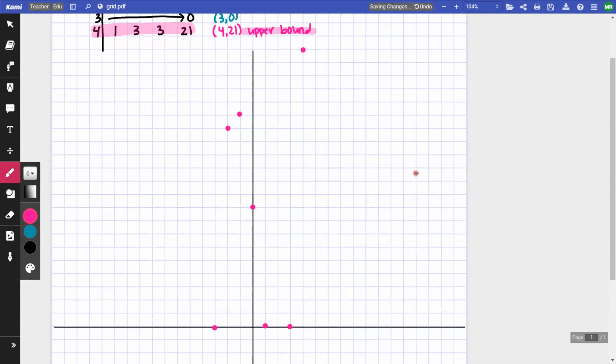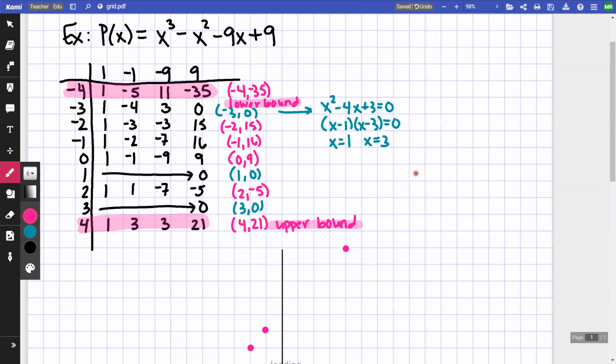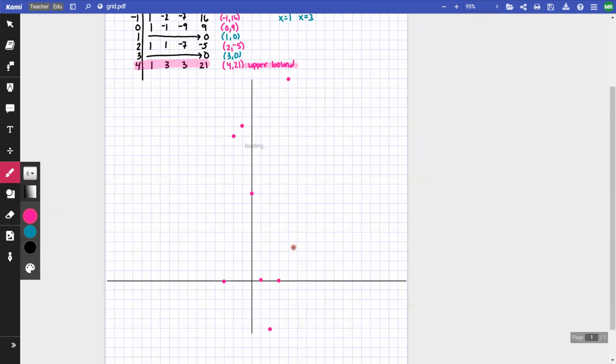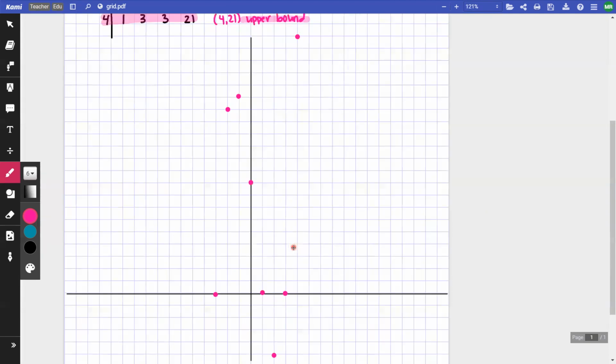So we have these points. Again, if you want to see the points, I plotted -3, 0, -2, 15, -1, 16, 0, 9, 1, 0, 2, -5, 3, 0, 4, 21. And then I'm going to connect. So let me just zoom in and connect.